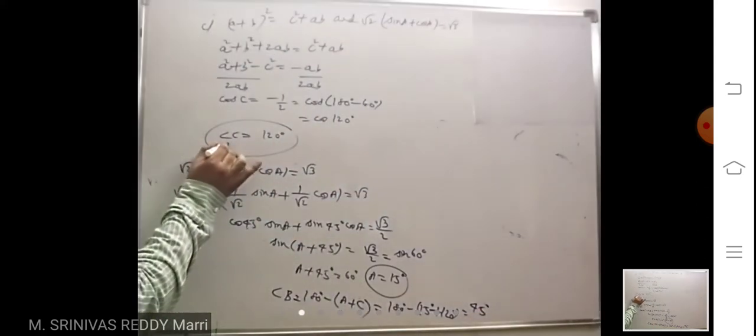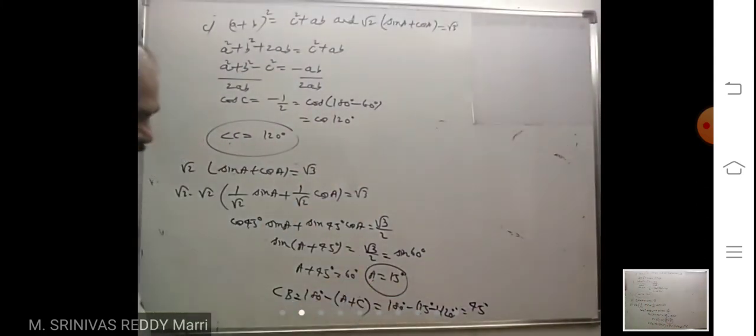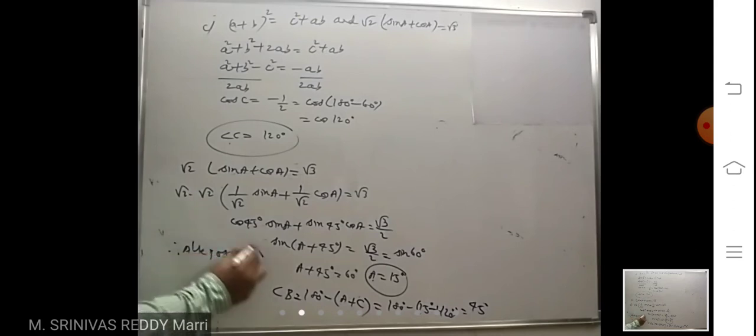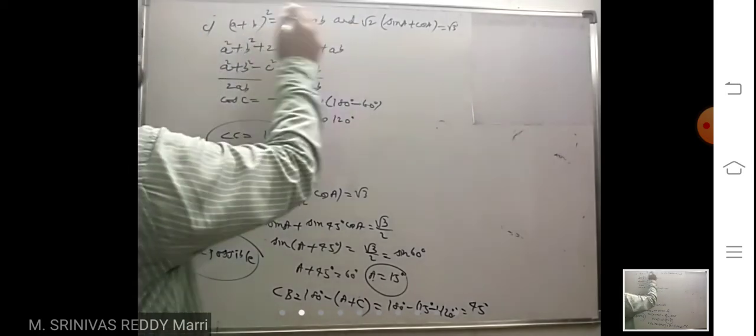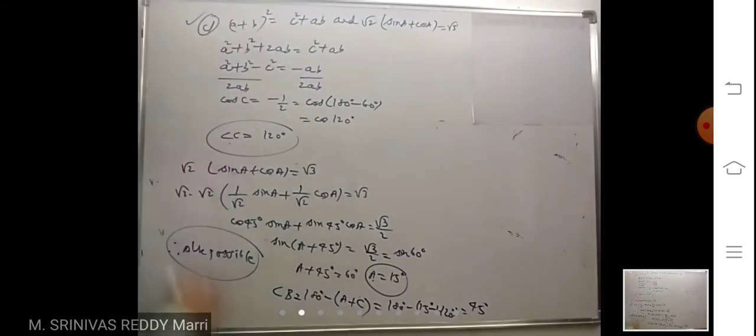So look here, angle C I got, angle A I got, angle B also I got. Therefore the triangle is possible. So there exists a triangle satisfying these two conditions. So option C is correct.